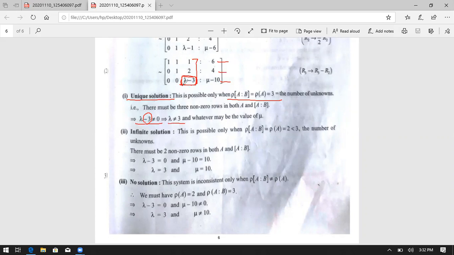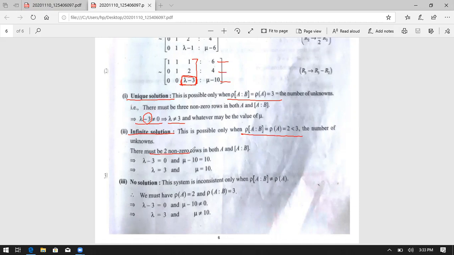Next, go to infinite solution. Infinite solution is possible only if the rank of AB is equal to rank of A is equal to 2, which is less than 3, the number of unknowns. That means there are two non-zero rows in A and AB.